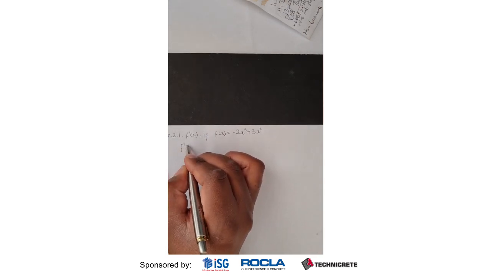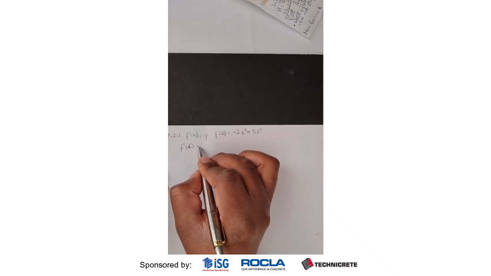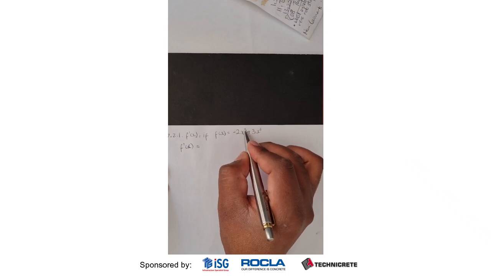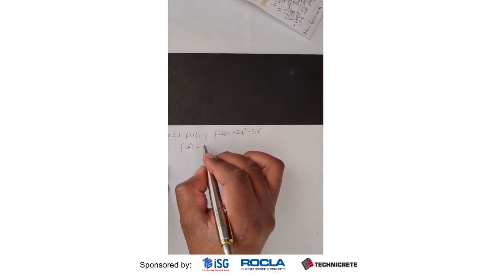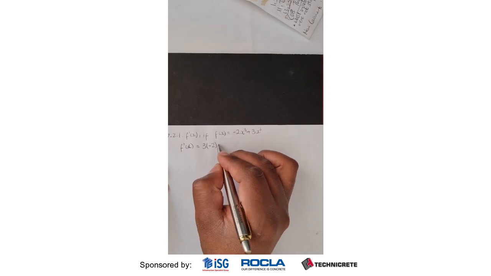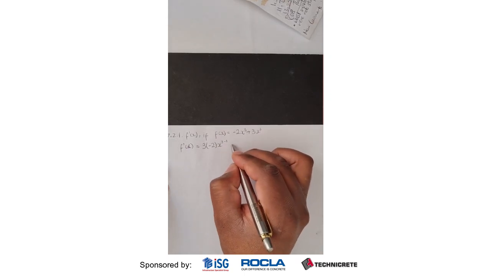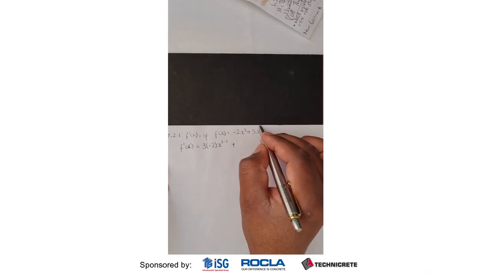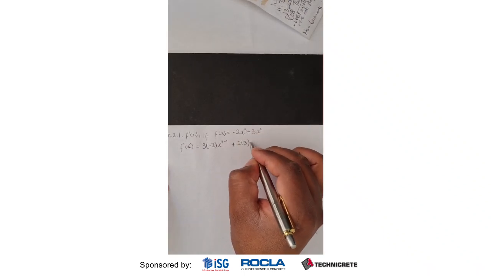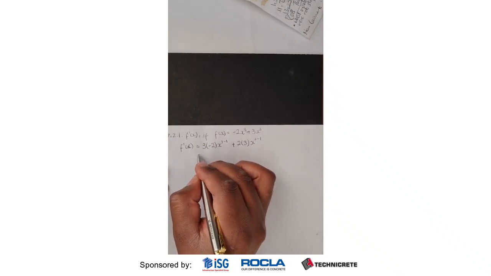So what we are going to do is, we are going to take the 3 that's in the power, bring it down, times negative 2, and then the x, then 3 minus the 1, plus, do the same thing here, bring the 2 down, into 3, and then we minus the 1 in the power.